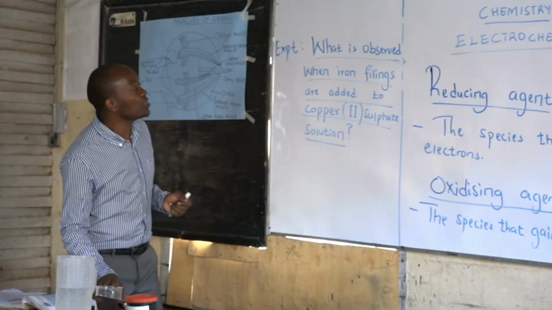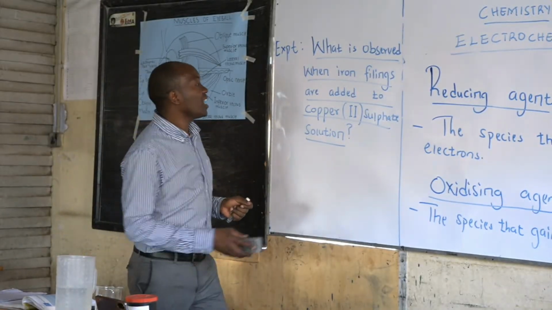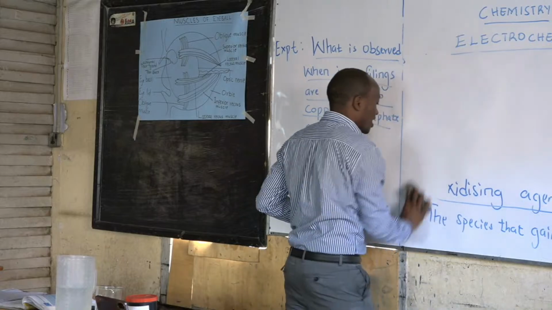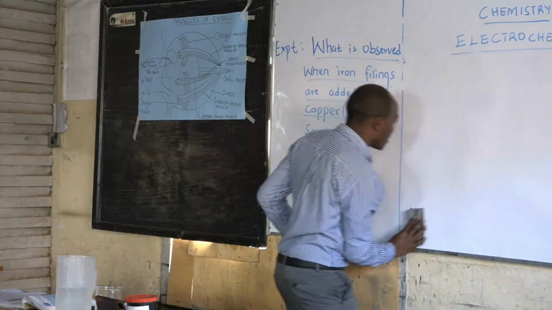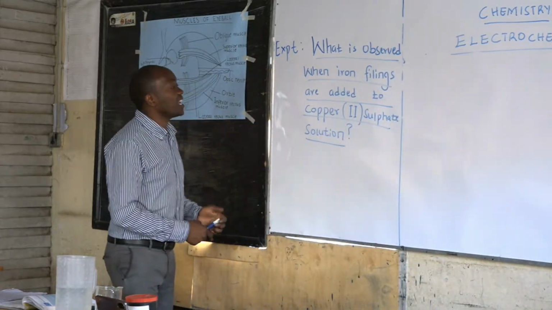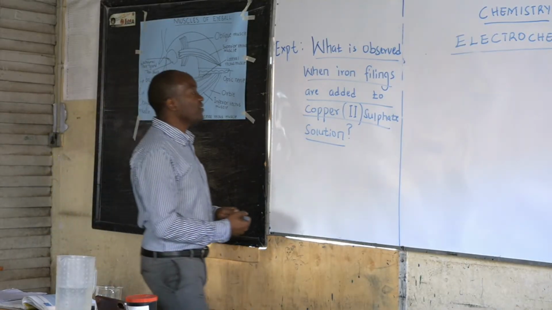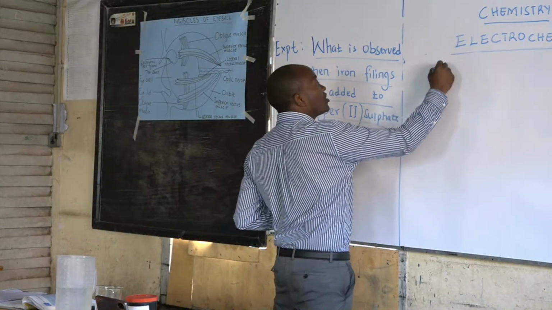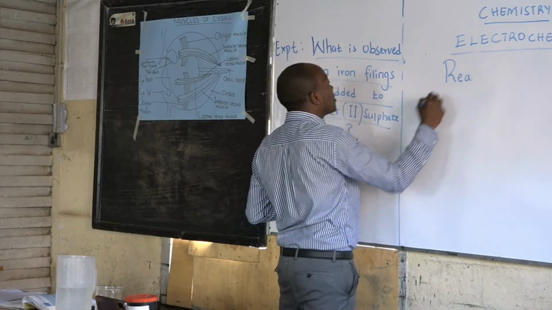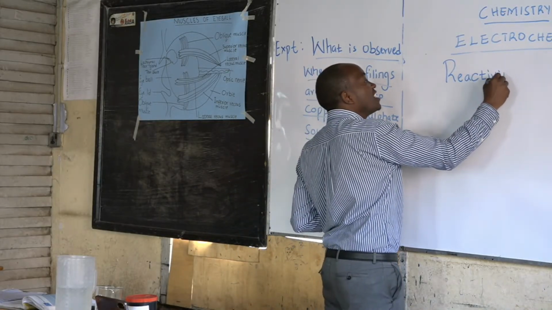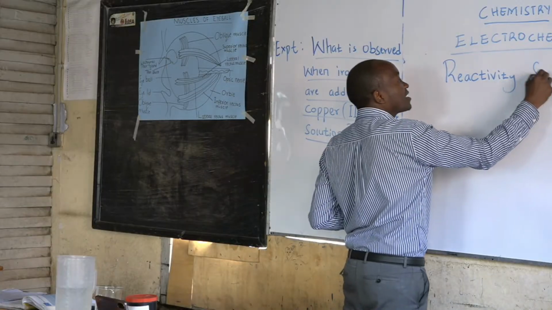So we have to know first of all the reactivity series, then we'll get to the reaction. Let's talk about the reactivity series a bit, then we come back to our practical.